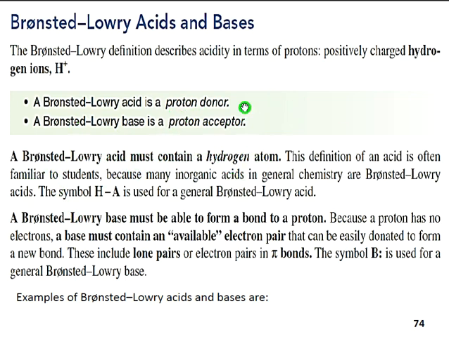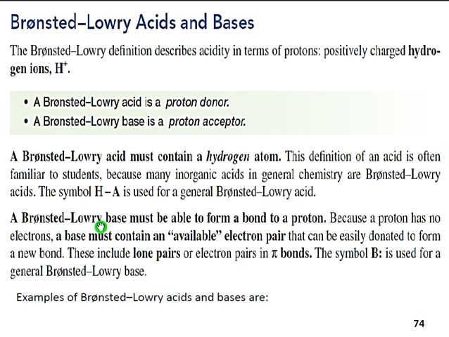This definition of acid and base is familiar to the student because many inorganic acids like HCl, H2SO4, HF are Bronsted-Lowry acids. And the symbol for the Bronsted-Lowry acid is HA, hydrogen A, meaning a substance that has a hydrogen atom.